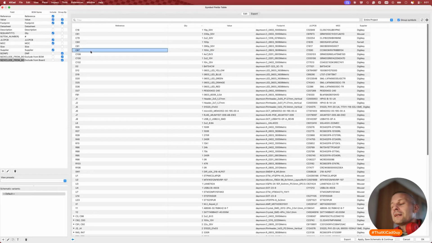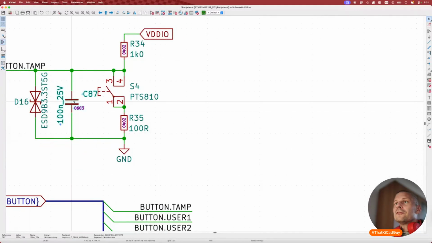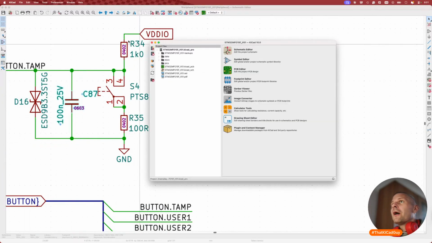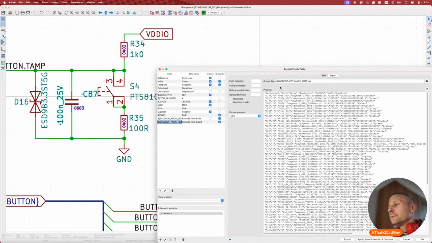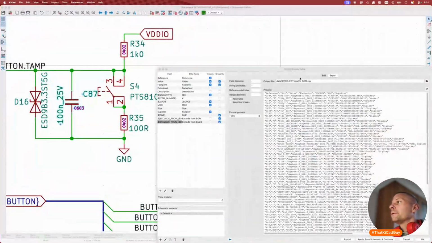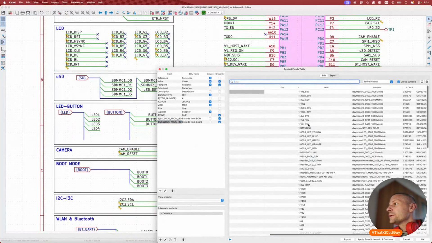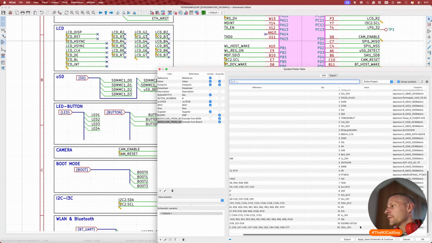I think this is the bouncing. Yeah, that was my issue. Okay. So we need 100 nanofarads but with different package, yeah.